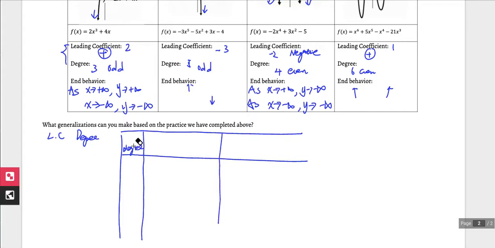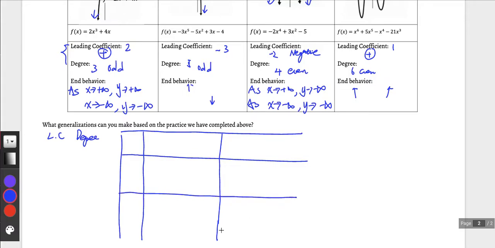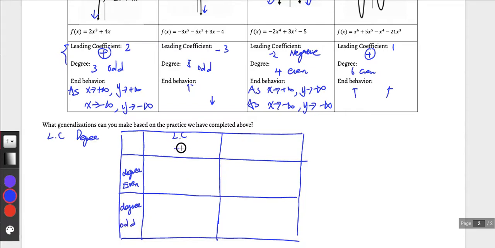Probably it's not a good idea to draw it like this, but let's just focus here. What happens in the boxes is the end behavior. We separate the situations when the degree is even and when it is odd, and then we check what happens when the leading coefficient is positive and when it is negative.